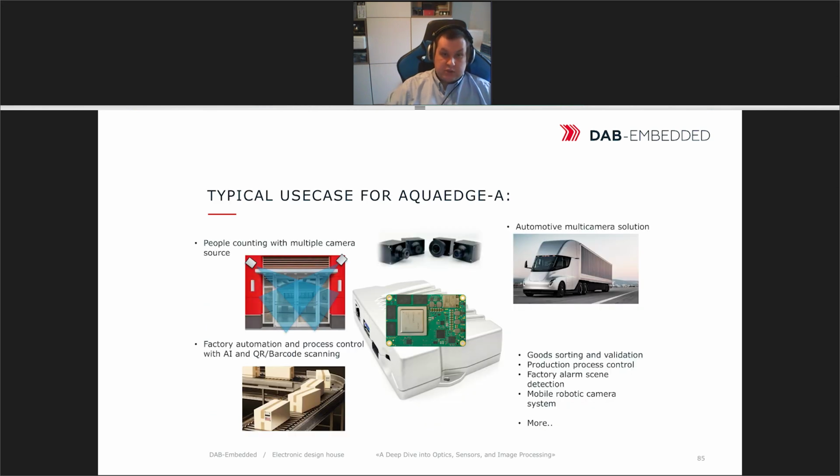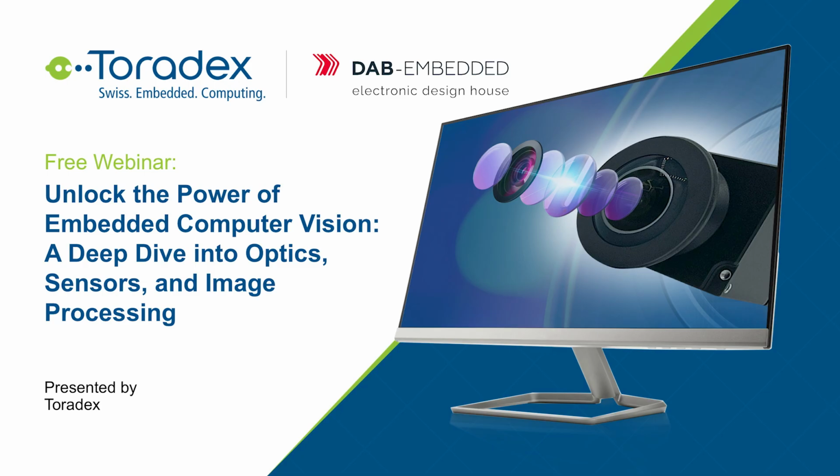For typical applications we want to address and see potential in are people counting, barcode and QR scanning in factory automation, using AI also for post-processing, automotive, and a number of other applications where a lot of demand is coming, like goods sorting, false factory alarm, scene detection, process tracking, mobile robotics, and so on and so on.